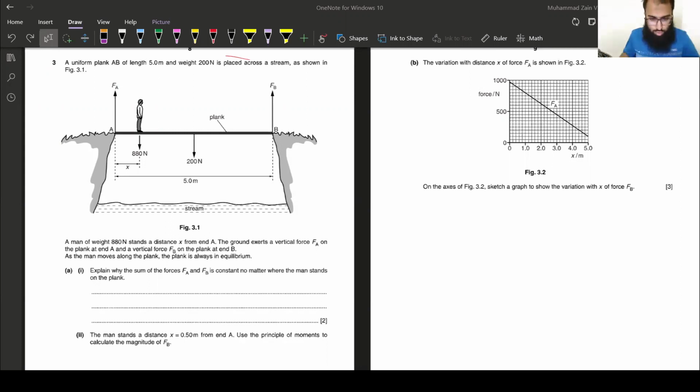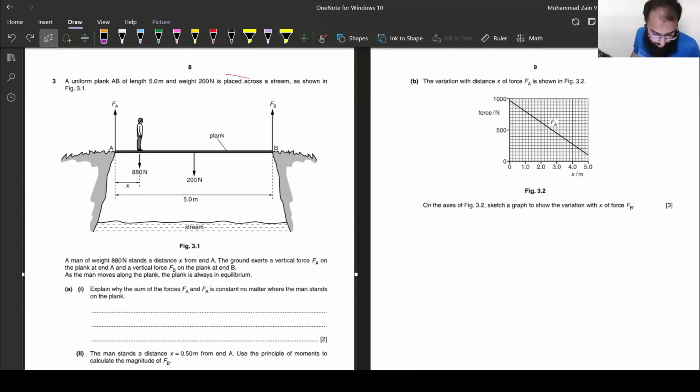Okay, so to proceed, a uniform plank AB of length 5 meters and weight 200 Newtons is placed across the stream, as shown in figure 3.1. They've given me its weight, and they've mentioned the weight in the center, meaning that's the point where its center of mass or center of gravity is.